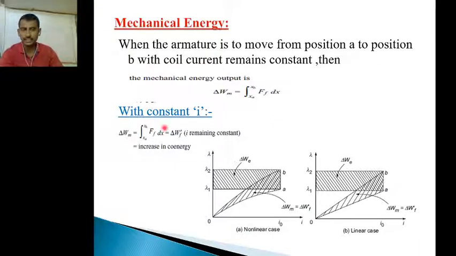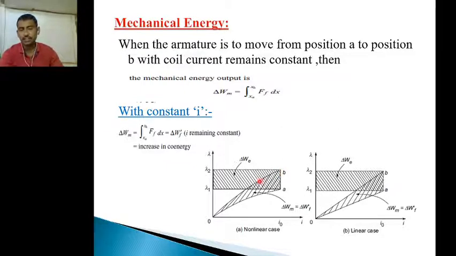So consider the constant I, that means co-energy. These are the I-lambda curves for the linear cases and non-linear cases. In linear cases, the co-energy and field energy are normally the same. In the non-linear cases, this is the curve for distance xa, and this is the curve for distance xb.